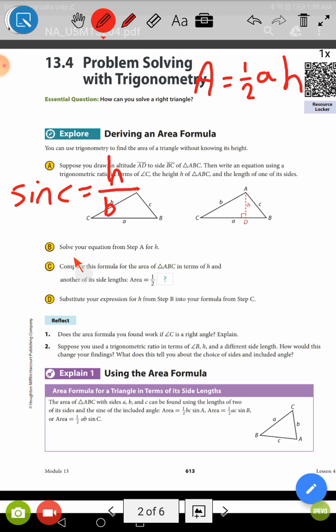Second, solve for h. So we cross multiply: h times 1 equals b times sine C, so h equals b sine C. And we know that our area is half a multiplied by h.